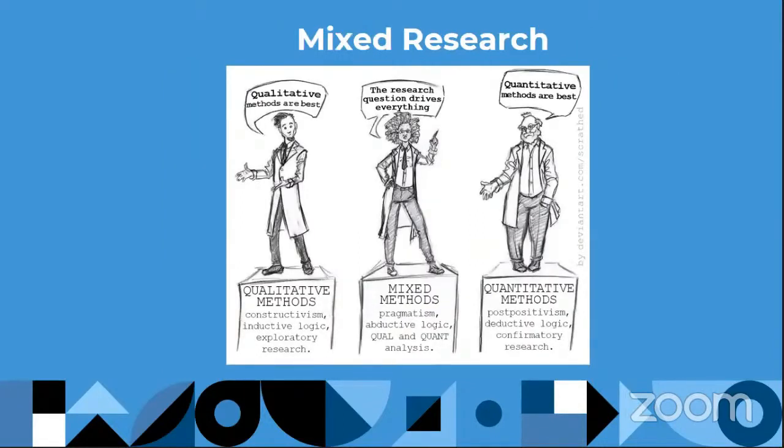Some of you might say that qualitative methods are the best. Others might say that quantitative methods are the best. But the research question drives everything. You cannot say that qualitative is best, or that quantitative is best. For example, predicting student academic progression can be considered quantitative research, but in some cases it can be considered mixed research.